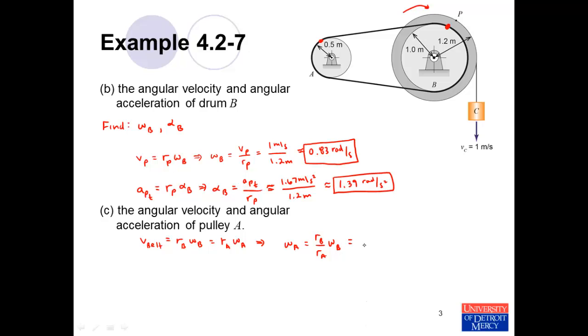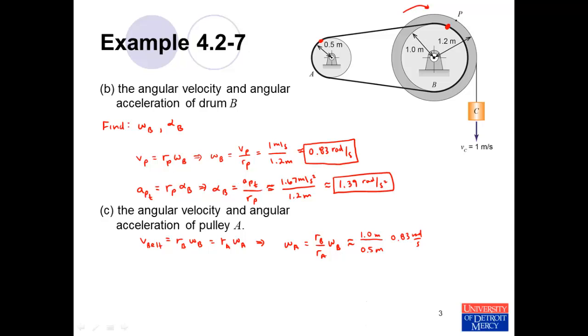In this case, RB is going to be 1.0 meters, because that's the radius of the inner drum that the pulley is connected to. RA, where the other side of the pulley is connected, is 0.5 meters. And omega B is approximately 0.83 radians per second.